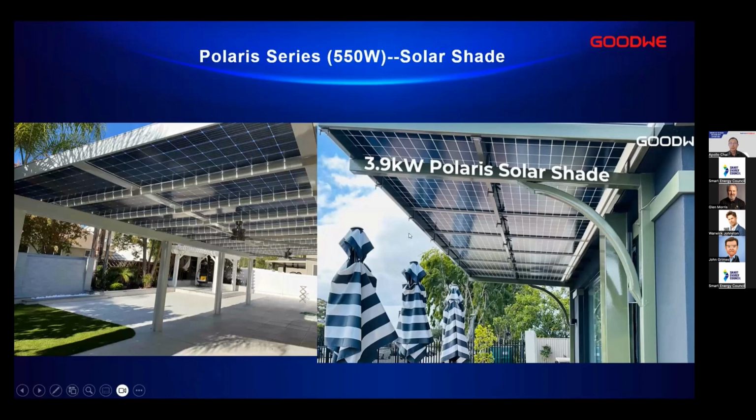Meanwhile, there are other applications like a solar shade, especially for new build homes. If they want to add a shade, they can think about adding a solar shade directly. As you can see, these hoops go under the purlin like this, and it is fully waterproof.